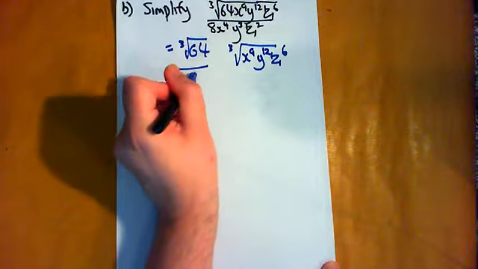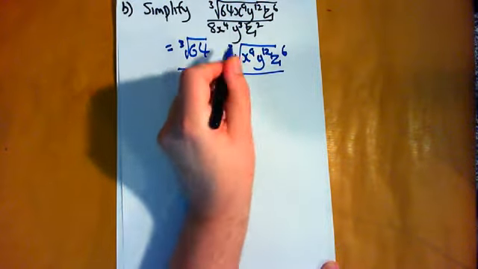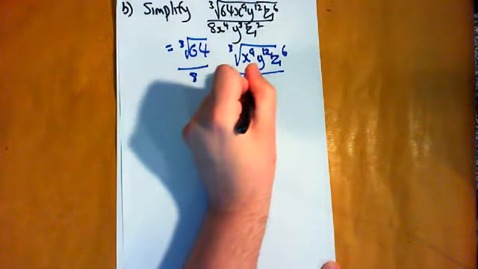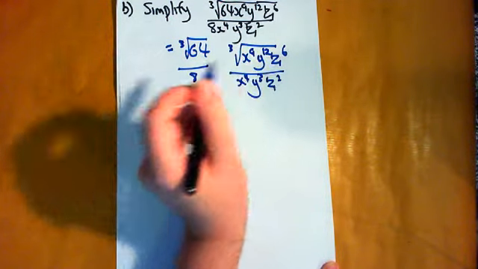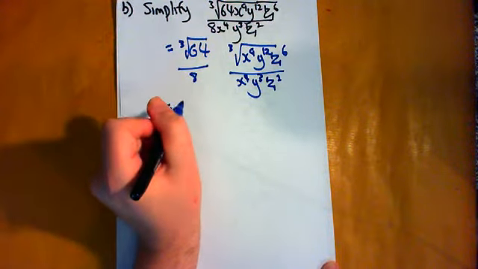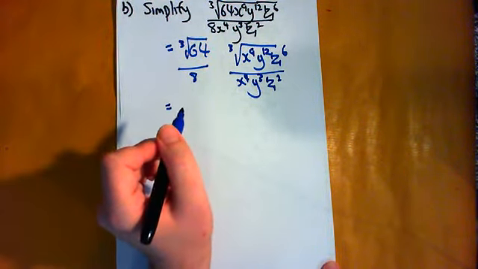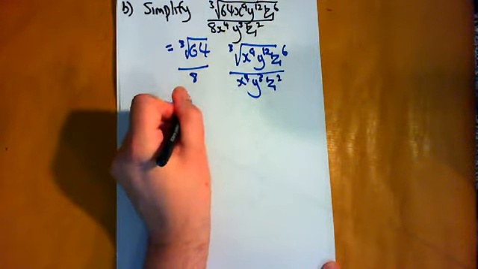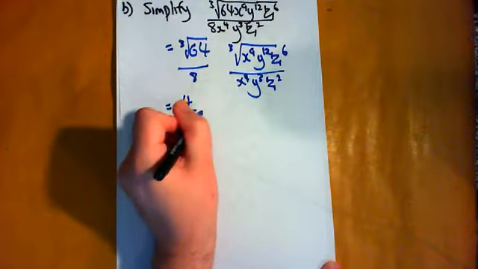Number part on the bottom is just 8, and the letter part on the bottom is x to the 4, y cubed, z squared. Okay, so cube root of 64, that's 4 because 4 cubed is 64. 4 times 4 times 4 is 64, so that's 4 over 8.